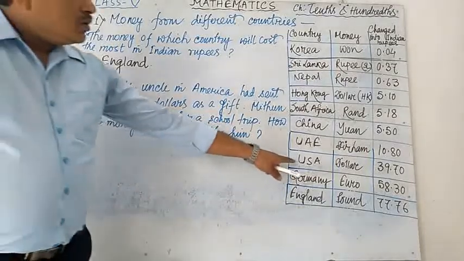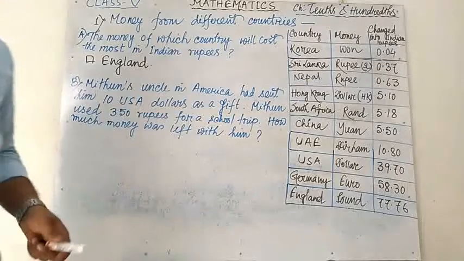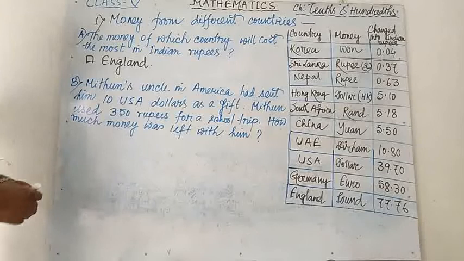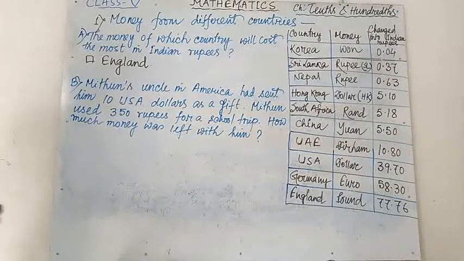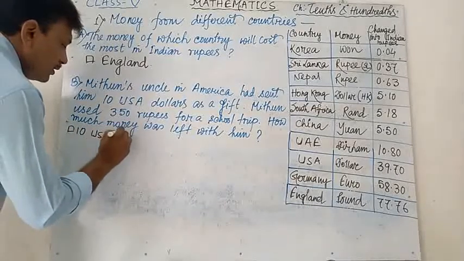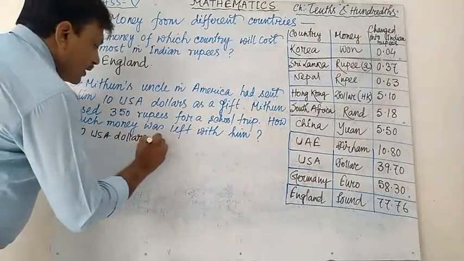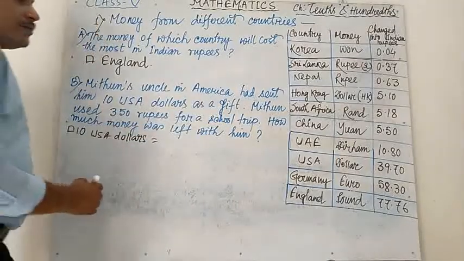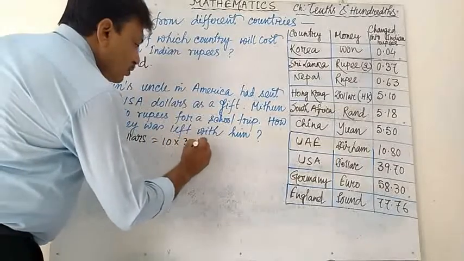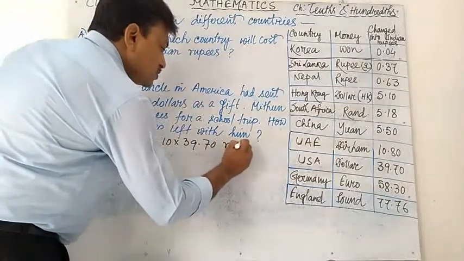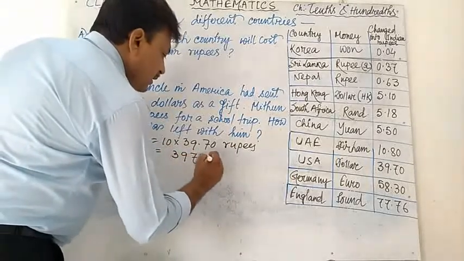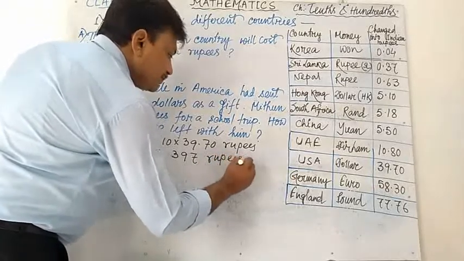As we know, 1 USA dollar equals 39.70 Indian rupees. So 10 USA dollars equals 10 into 39.70 rupees, that is 397 rupees.